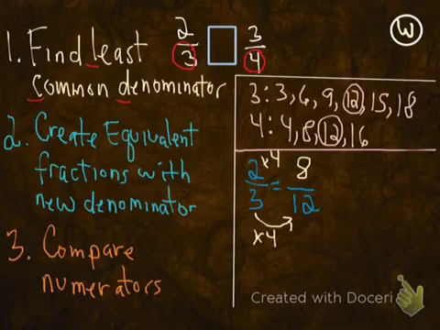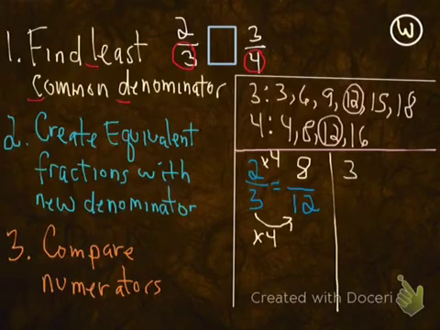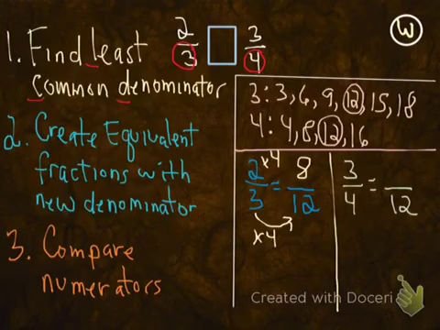Now we're going to take this second fraction, 3/4, and do the same process with it. We found a common denominator just so we can change both into fractions with a denominator of 12. You'll see why a little bit later.